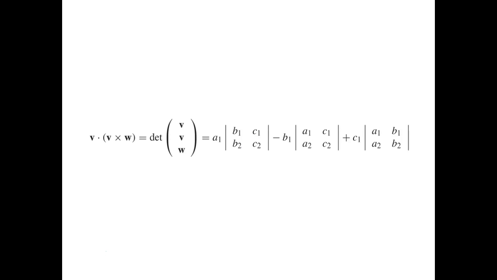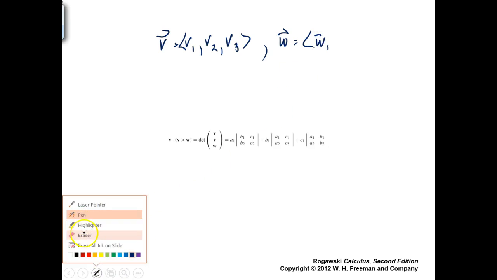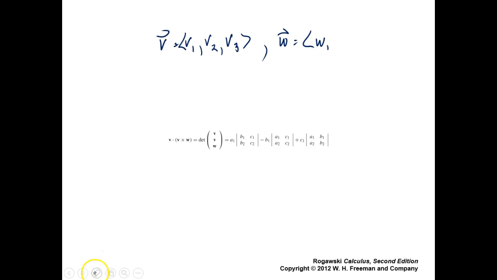V dot V cross W. Before we begin, I should have done this earlier. I started to, but I was trying to find where that picked up. Here's vector V is V1, V2, V3. And vector W is W1, W2, W3. Now, I've got to go in and change this.